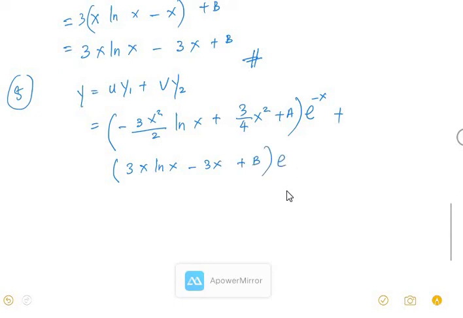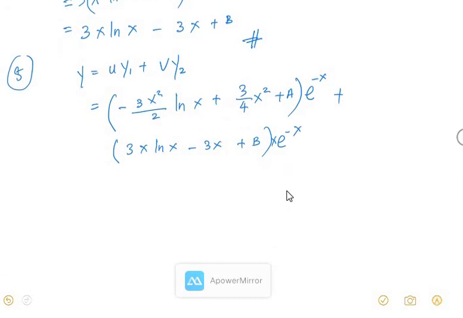So the answer will be 3x ln x minus 3x plus b.